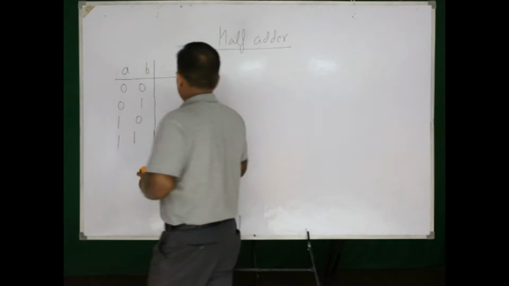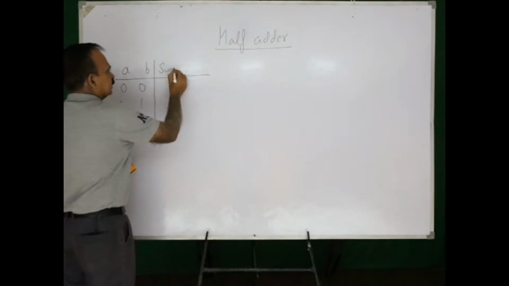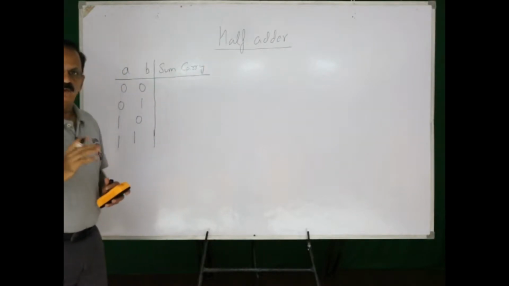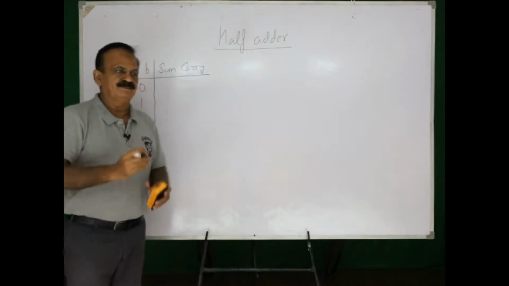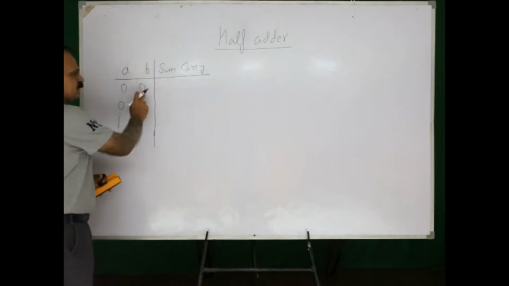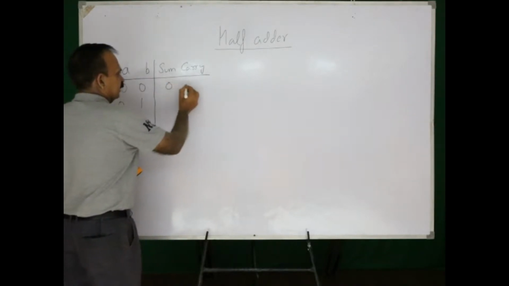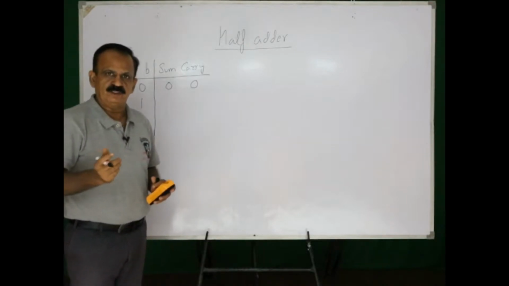What will be the output? When 2 bits are added, the outputs are the sum and the carry. Say 0 plus 0. Now, 0 plus 0 is 0 and there is no carry at all, so carry is also 0.